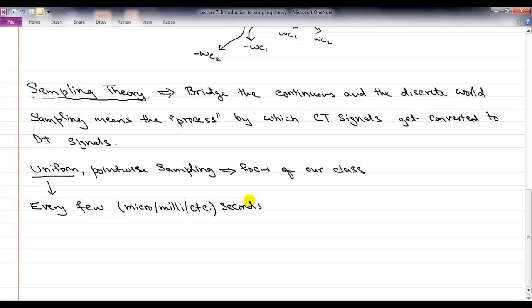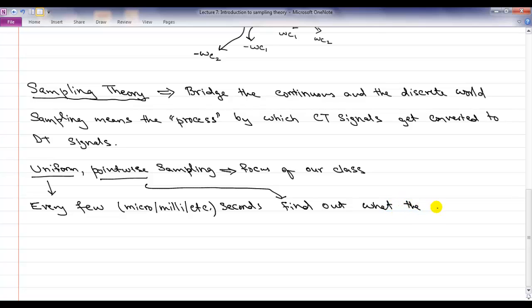Okay, it's uniform. You do it at, let's say, t equal to 1 second, then you do the same operation at t equal to 3 seconds, t equal to 5 seconds, and so forth. Okay, so that's the uniform aspect. The pointwise aspect is that you find out what the signal is at a given point in time.